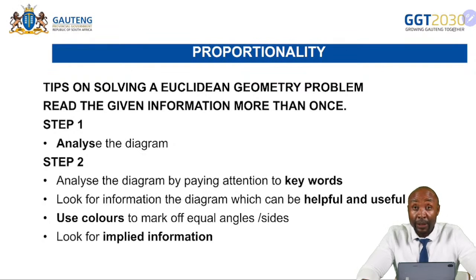And your eyes should be able to see information that is in front of you. Please analyze the diagram before you look at the questions. Identify the theorems that you can see in the diagram before you answer the question. That is the first step that you are supposed to do whenever you are given a geometry problem.